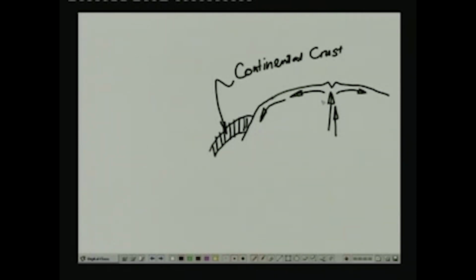And because the rock mass underneath the sea is typically much heavier than those found underneath continental crust, once they come in contact with the continental crust, once they start butting against the continental crust, they are going to start going down underneath the continental crust, and this particular action is called subduction.